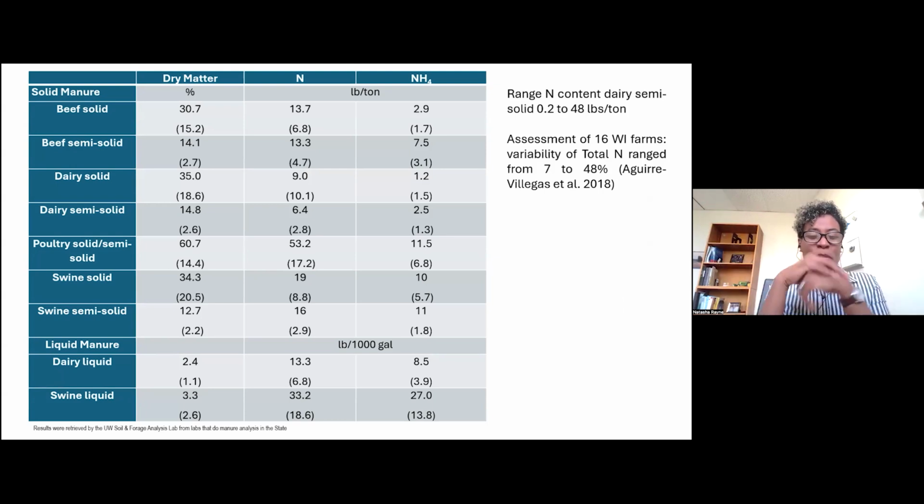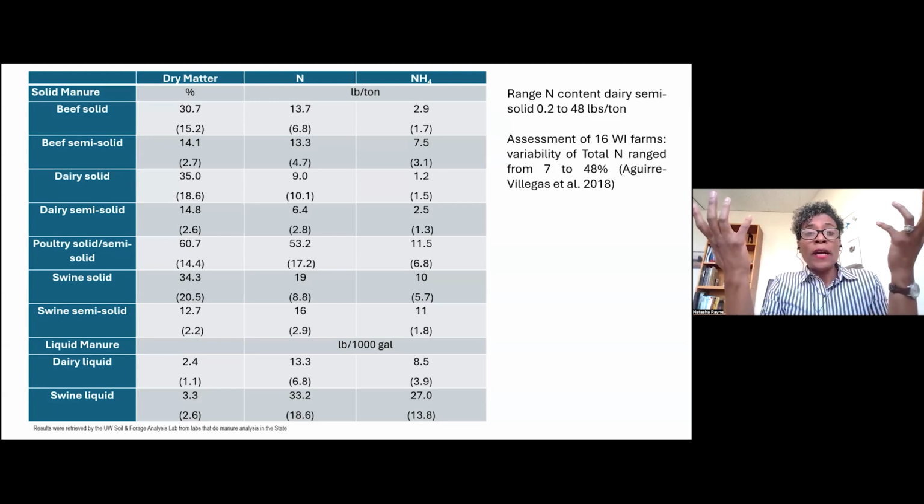These data in this table, which were retrieved by the UW Soil and Forage Lab, show that these manure types are different in their nitrogen content, and we focus on nitrogen, and in their ammonium content, right?